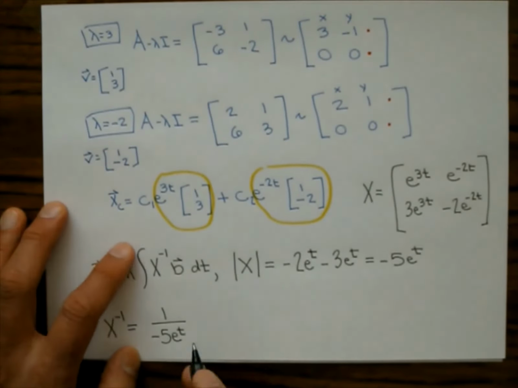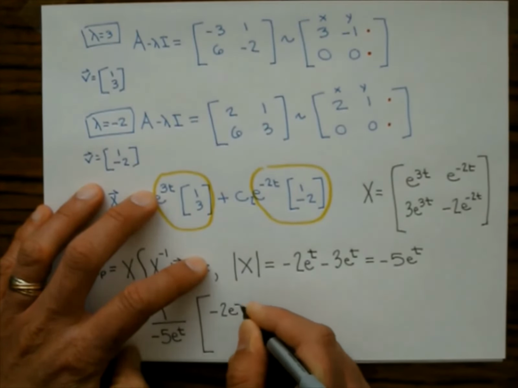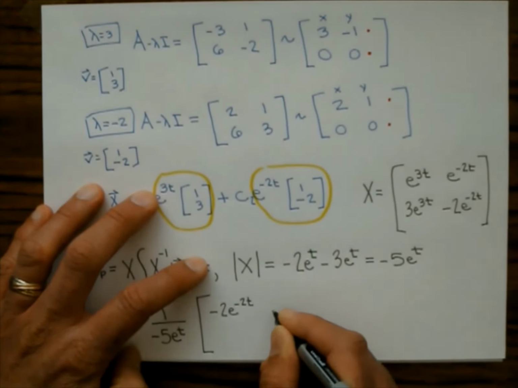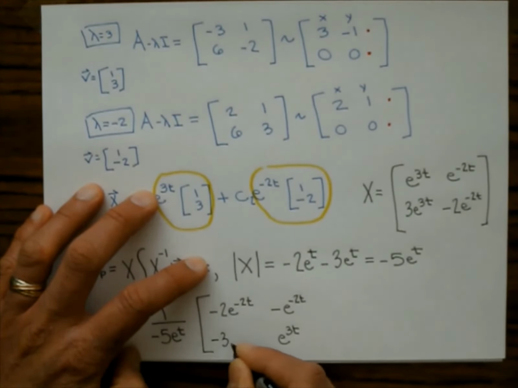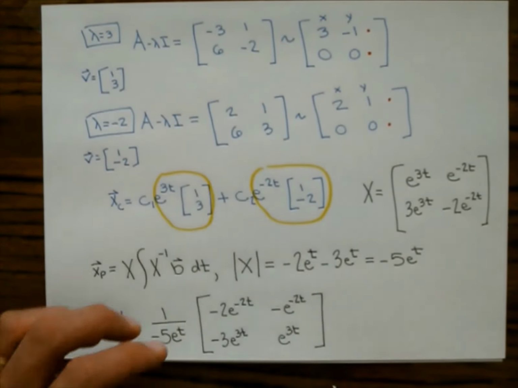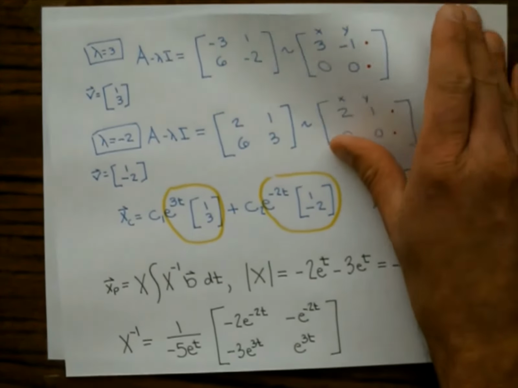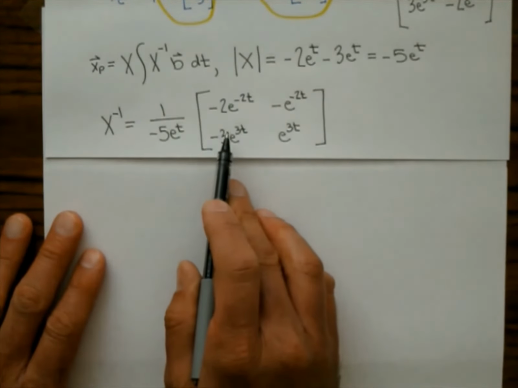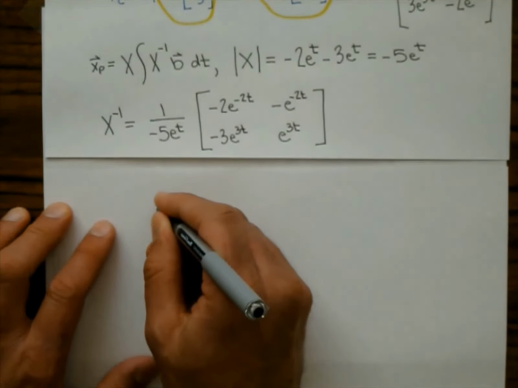Okay, so I have 1 over the determinant. I'm going to switch my A and D, and I'm going to negate my B and C. Okay, I think I'm going to need another piece of paper here. And so what am I going to do here? I'm actually going to multiply through. Maybe I'll keep the 1/5 out here.